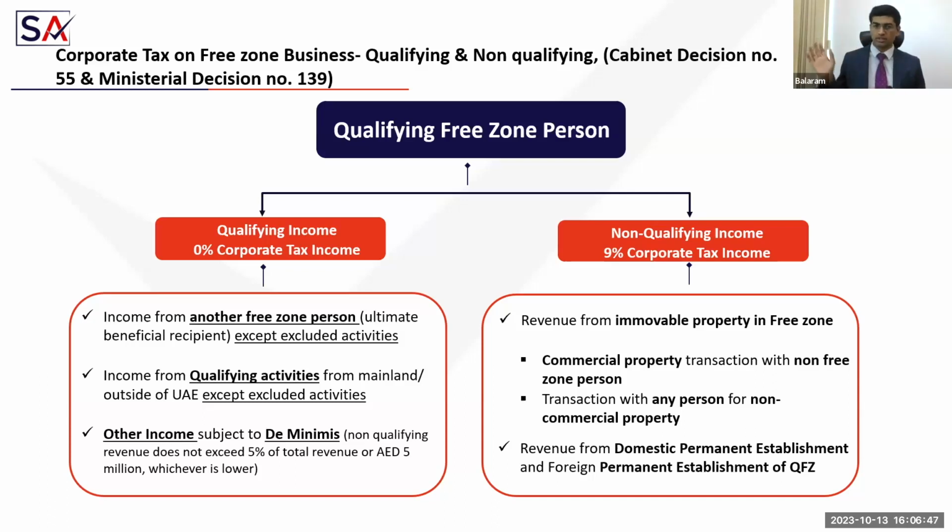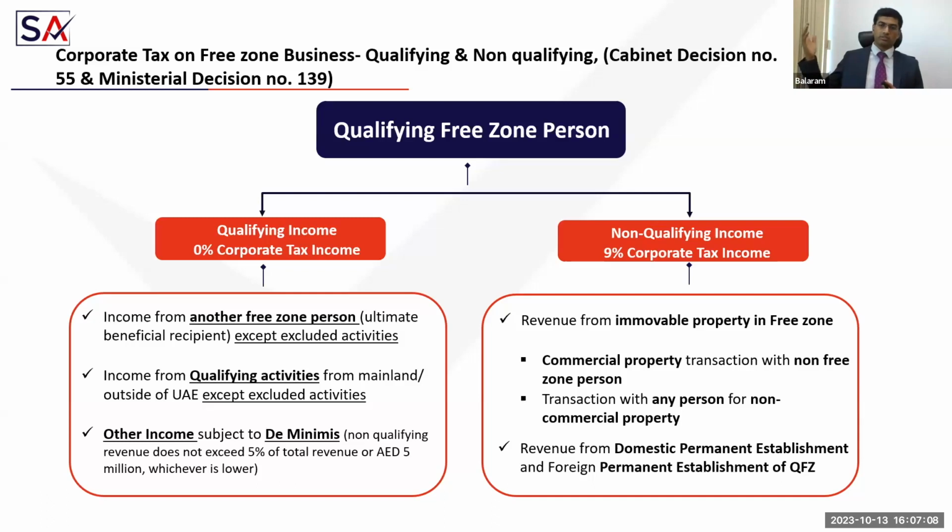He is not going to the Zabsa office. He is not even visiting there. He is only working from his home in the mainland. So the business generated out of this employee's activities will be considered as income coming from a domestic permanent establishment. So we need to be very careful whether we have an office in the free zone, whether we are going there and doing the work from there, and whether we are taking decisions from there or not.